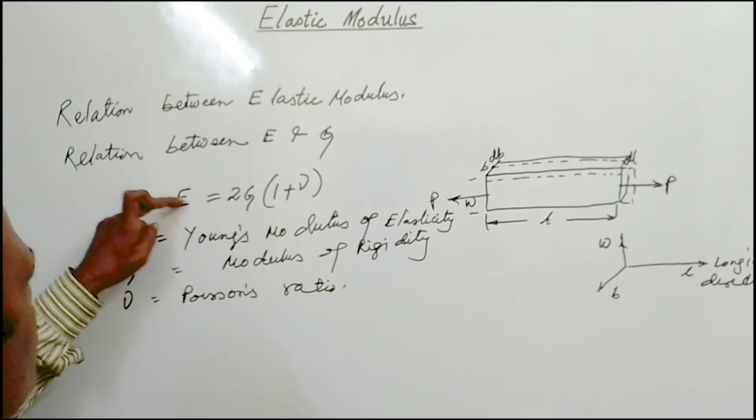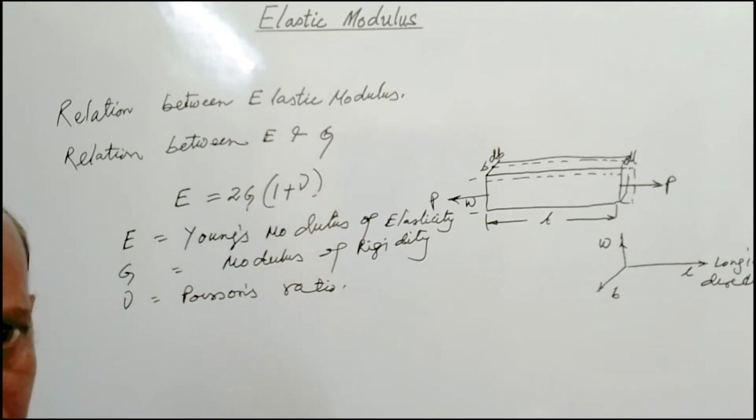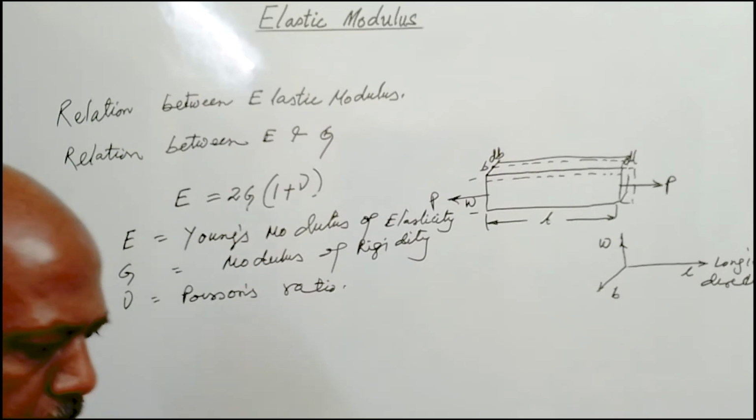If any two are known, then the third one can be easily obtained. So that's why for isotropic material the properties can be completely defined if any two moduli are known.